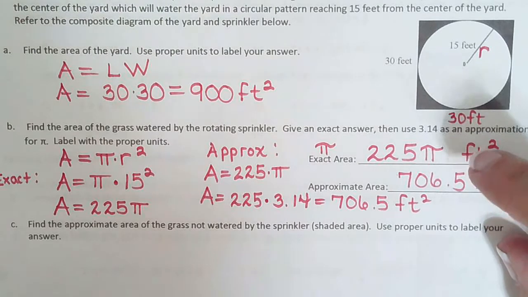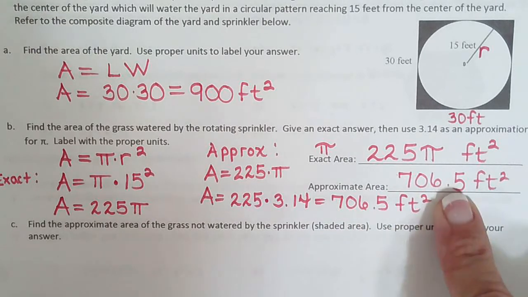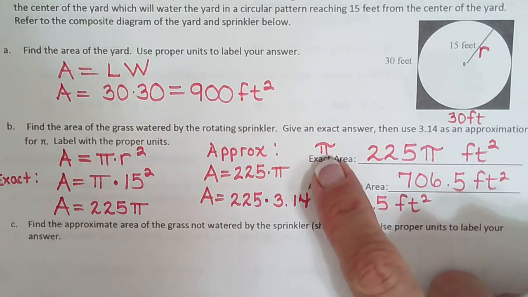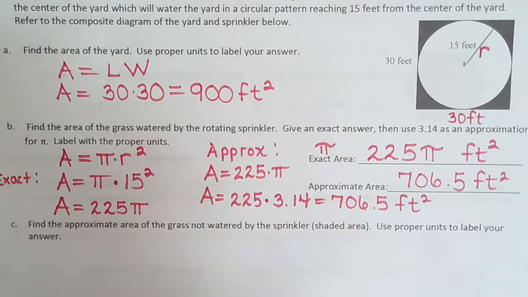So when you put that in, you've just approximated it. So don't put it in unless it asks for an approximate answer. So exact answers will always have pi. Approximate answers you'll plug in. Okay? And they're both feet squared because they're both area, just one's exact and one is approximate.